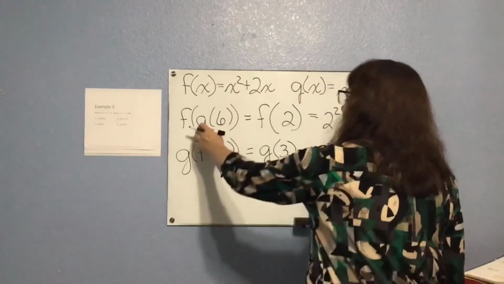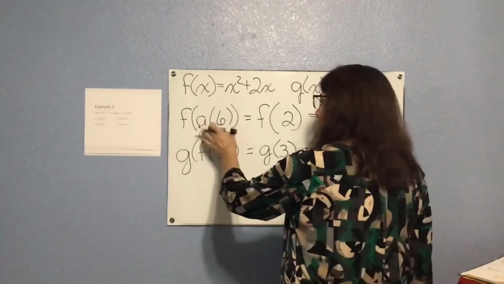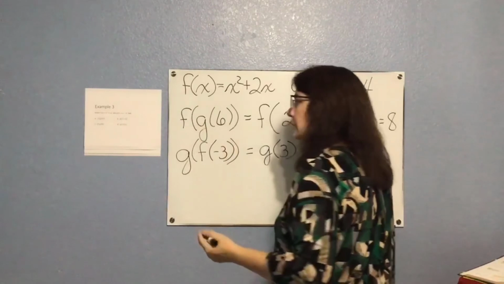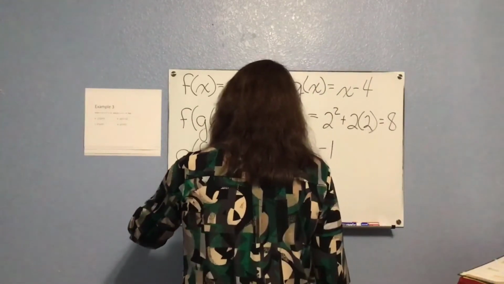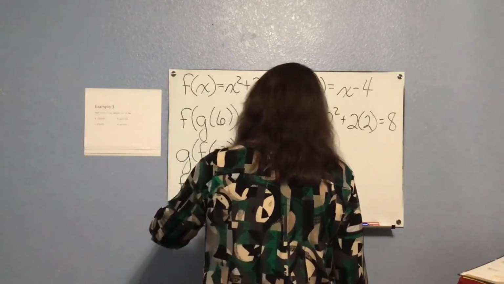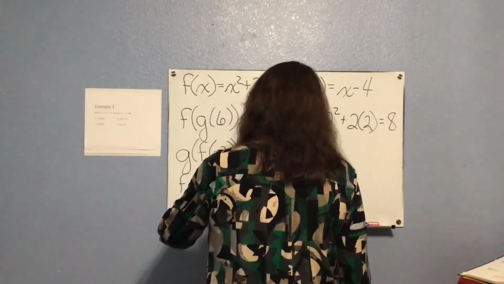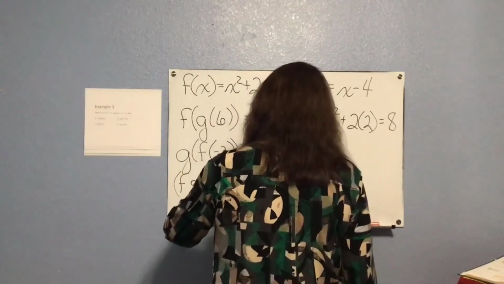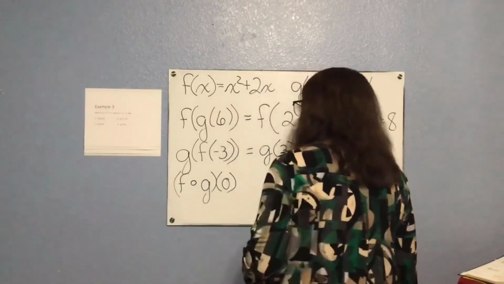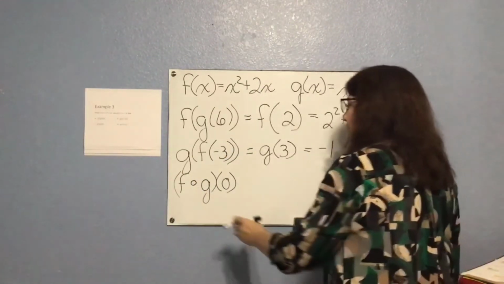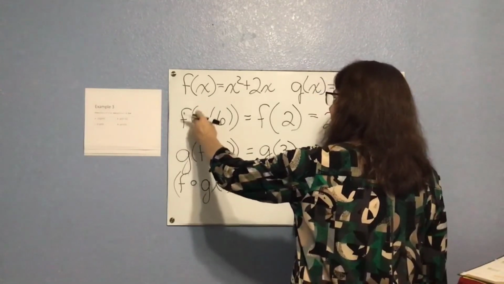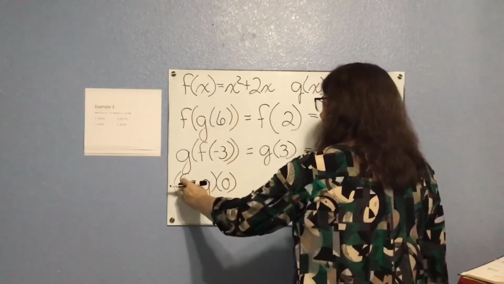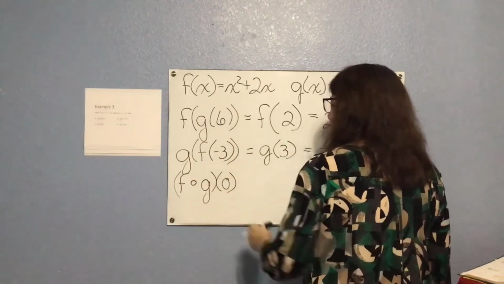Okay, and this is one way that we can write a composition, by putting one function inside another. But we also sometimes write it this way, with a little circle. So I've got f of g of 0. This and this mean the same thing, whether I put the g inside the f or I do f little circle g.